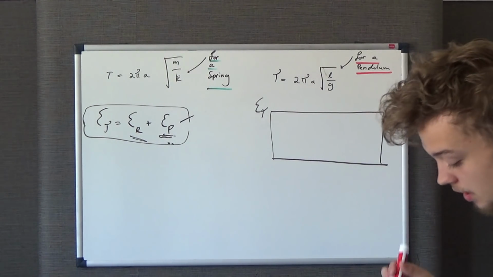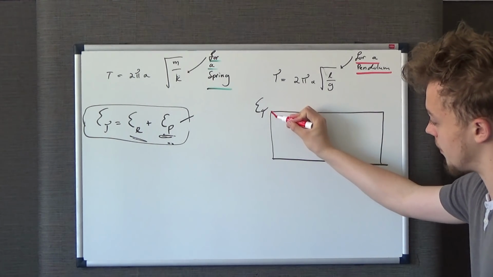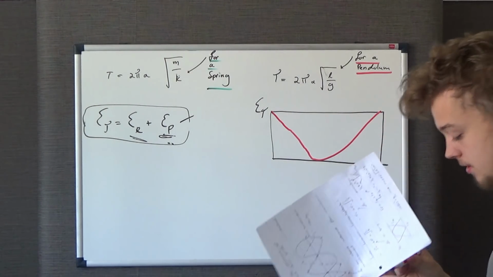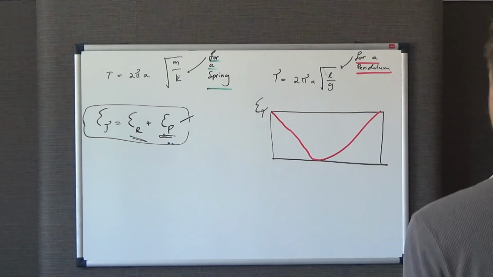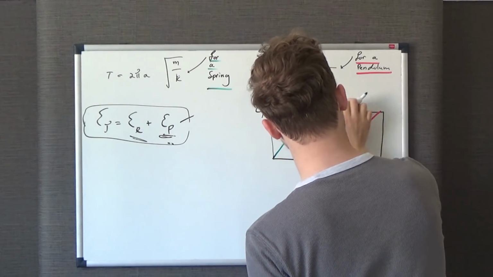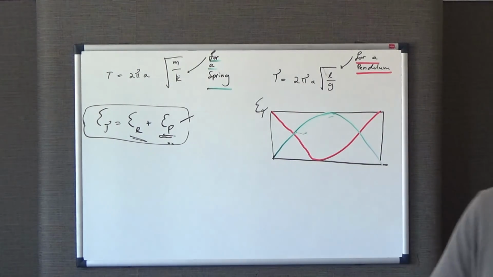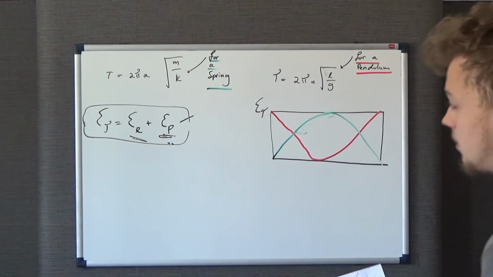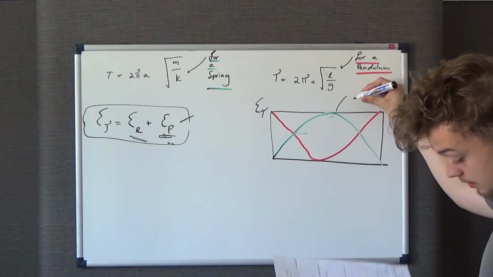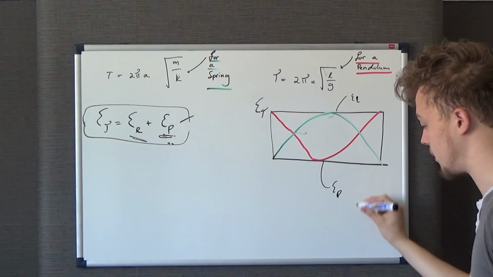If we start from the point of maximum, I'll draw the curves and explain them. It's probably not the best, but you get the idea. It should be just a normal curve that goes through. This green curve I've labelled as EK, and this red curve I've labelled as EP.